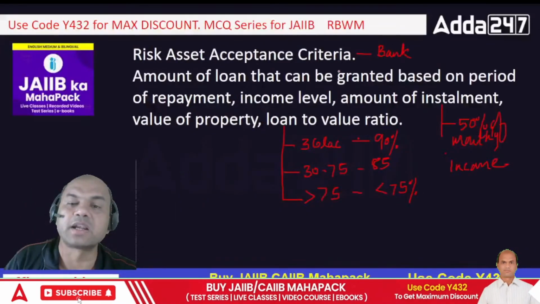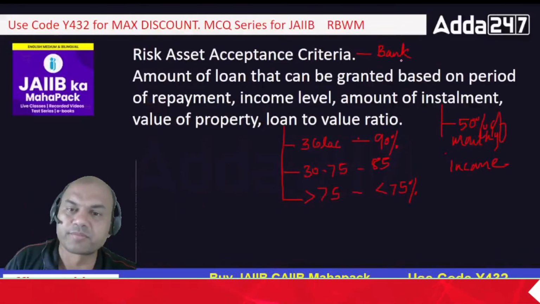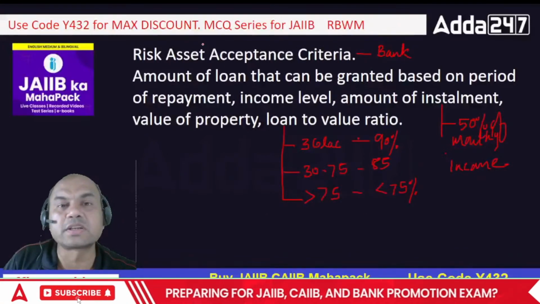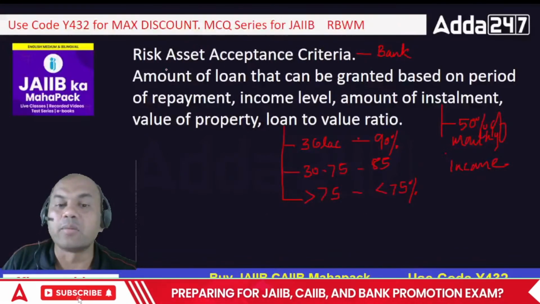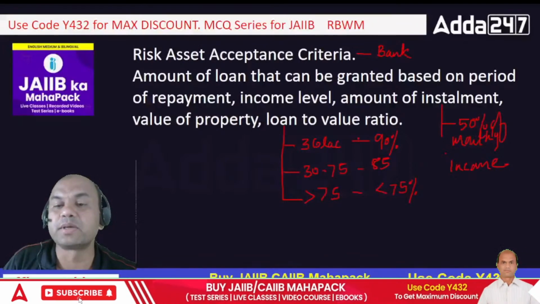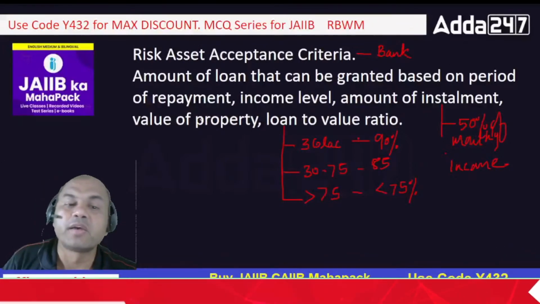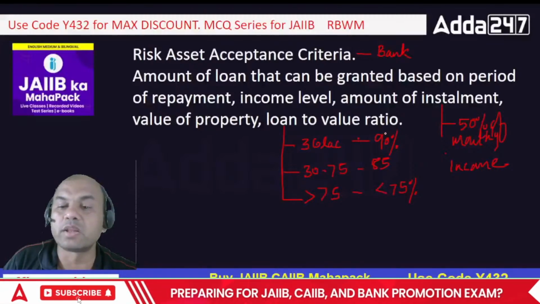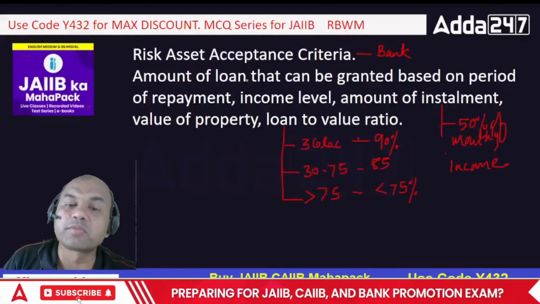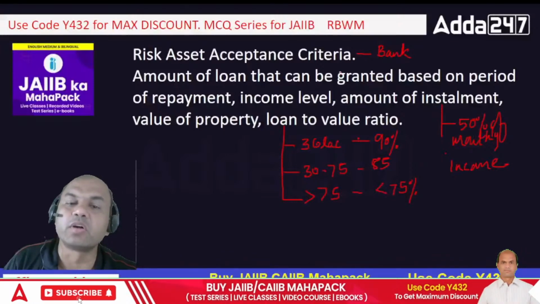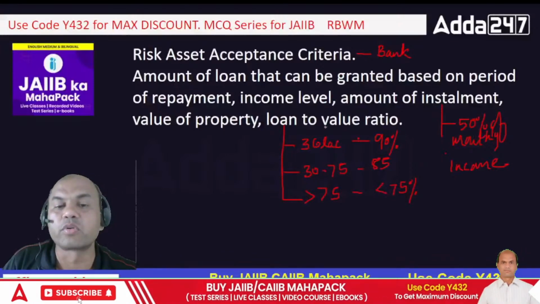Risk acceptance criteria of the bank means what? How much risk can the bank accept? Amount of loan that can be granted is based on the period of repayment, income level, amount of installment, value of the property, and loan to value ratio. So the amount of loan which the bank can sanction will always depend on these 3 to 4 factors.